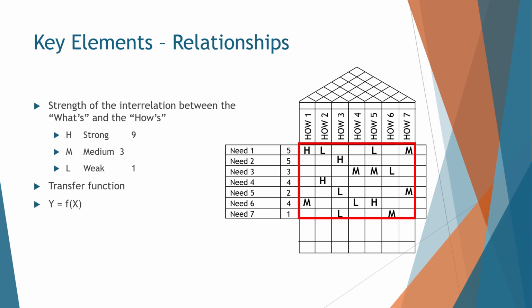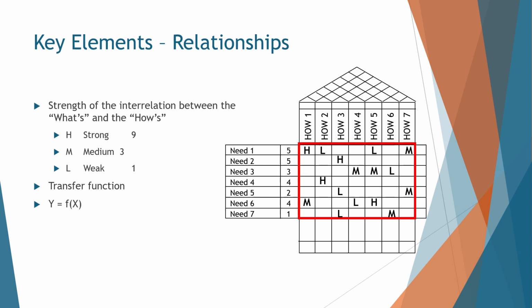Key elements include relationships. Strength of the interrelation between the what's and the how's. H is strong, would be a 9. M medium, 3. L weak, 1. You have the transfer function, which basically states the impact of the x's on the y variable, or in other words, the effect of the independent variable on the dependent variable.